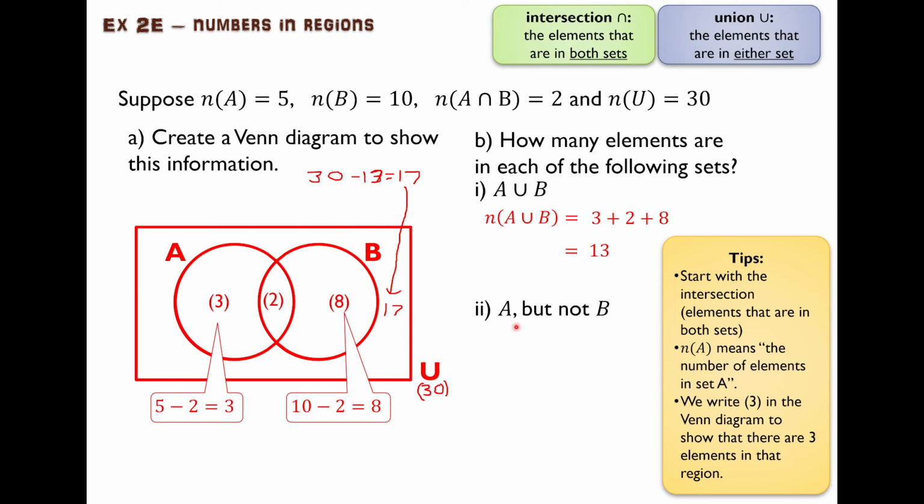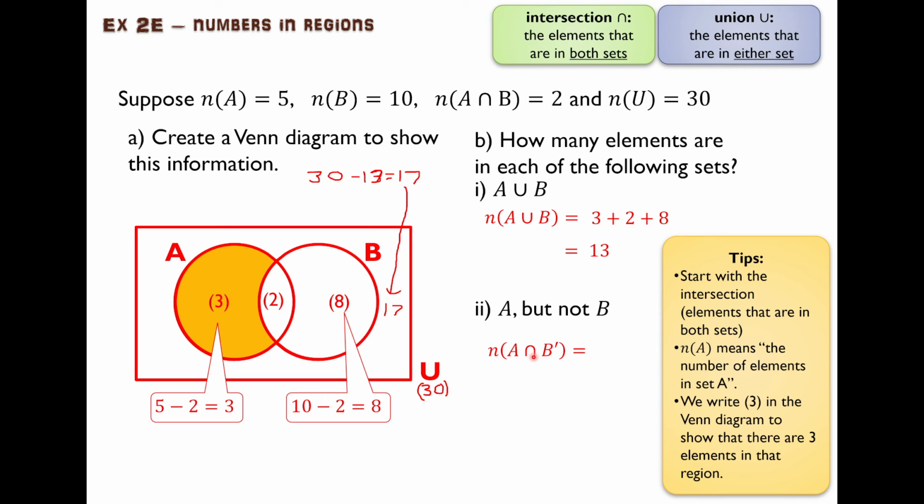How many elements are in A but not in B? Well, that region is this here. I've written this in a bit of a funny way, haven't I? I've said the number of elements in A and not in B. This symbol, the apostrophe, means the complement or not A. The complement or not B. Everything not in B. So this means A and also not in B. So, the hard part there is the notation.